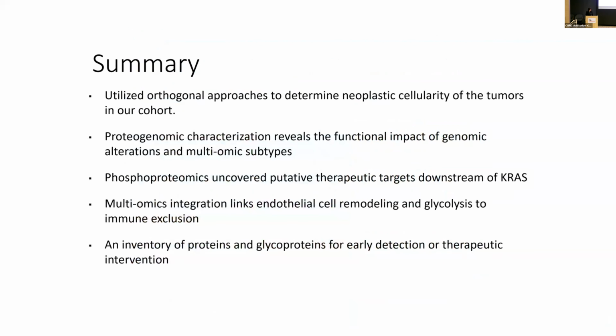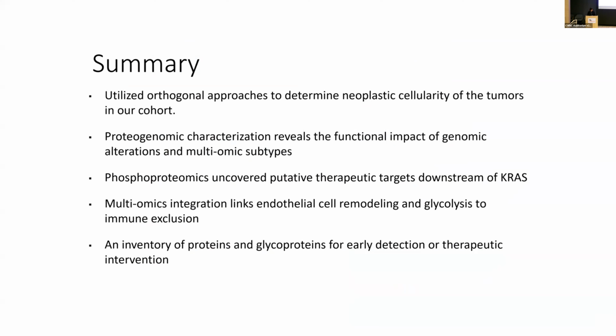This study used an orthogonal approach to determine the cellularity of the cancer cells using RNA-seq data, methylation data, as well as data deconvolution studies. Proteogenomic characterization revealed the functional impact of genomic alterations and the multi-omic subtypes.